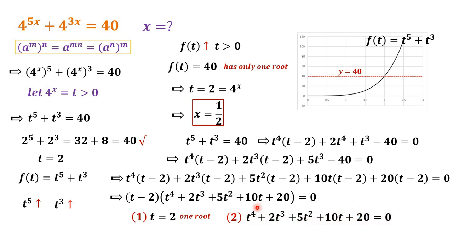So there are no real roots for this equation. So the second case is rejected, and t is equal to 2 is the only root. Then we go back to here, and we can find the value of x. So this is an alternative method to determine that t is equal to 2, by factorizing this equation.